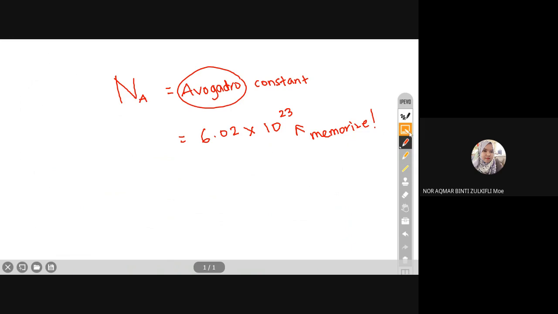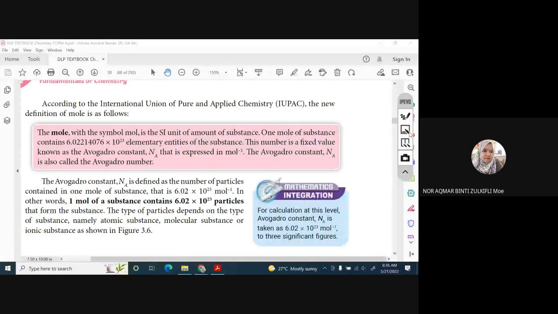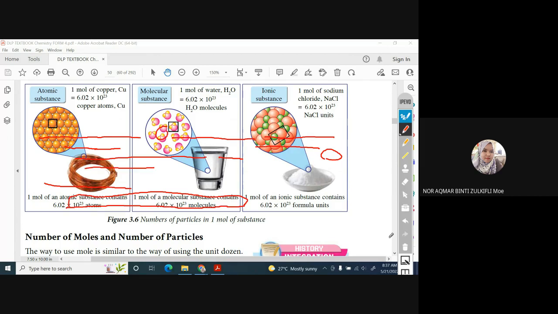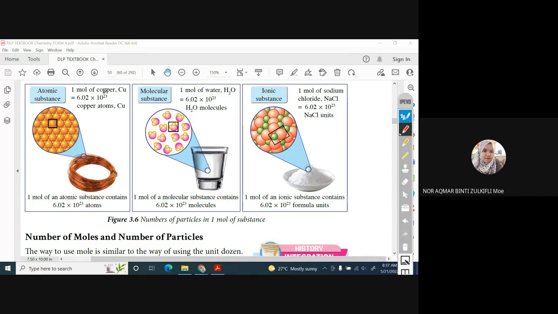Let's go straight to an example, just for comparison. We have an atomic substance, copper: 6.02 times 10 to the power of 23.